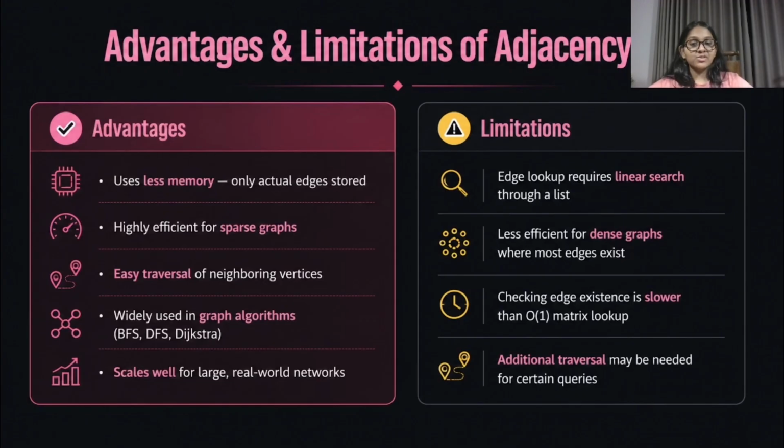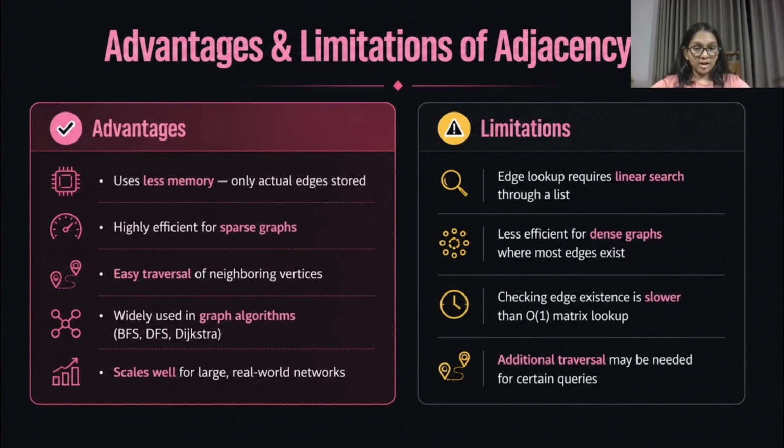Alright, let's summarize the strengths and weaknesses of adjacency lists. The advantages: they use less memory. They are highly efficient for sparse graphs. They make graph traversal easier. They work extremely well with algorithms such as breadth first search, depth first search, and Dijkstra's algorithm. They scale effectively as graph size increases.